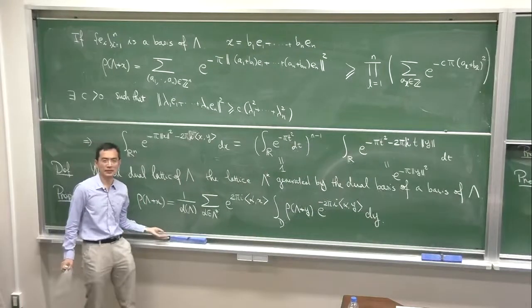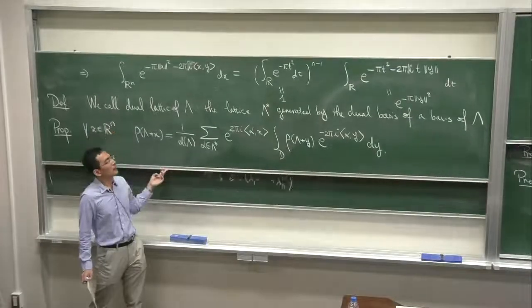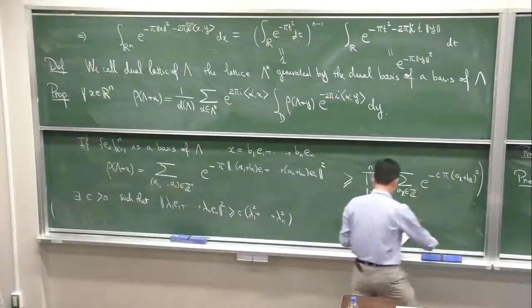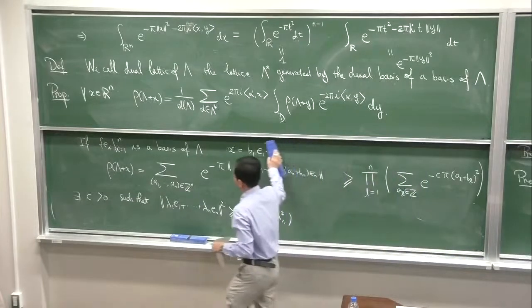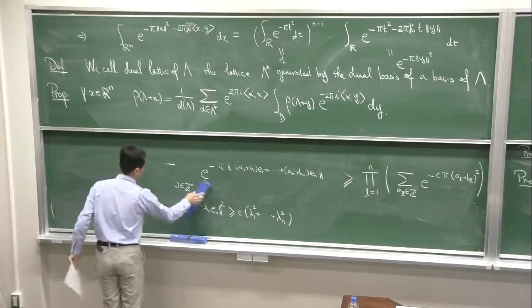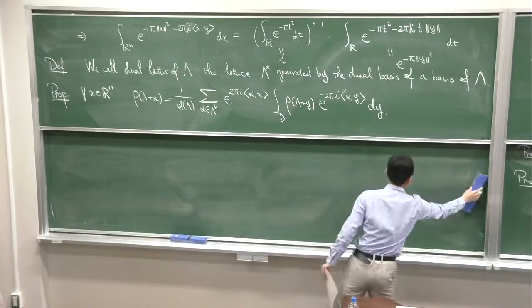If I write it like this, you may say that it's a complicated formula, but I will explain why it's not so complicated. It's just the higher dimensional case of a very classical Fourier series.